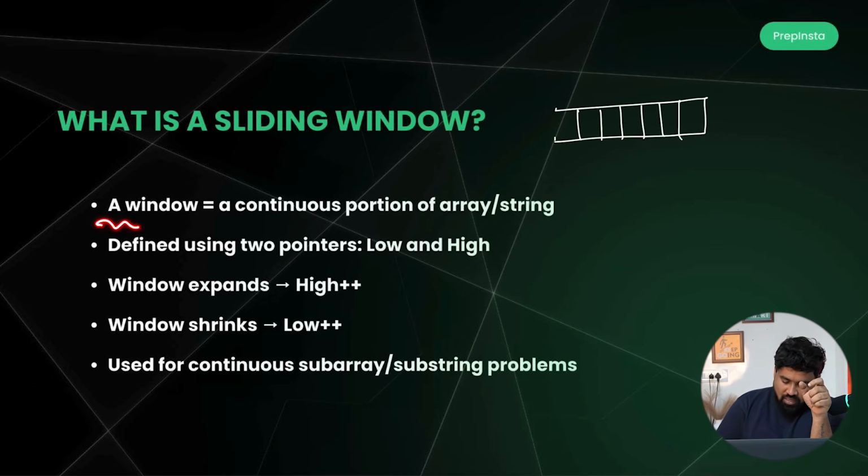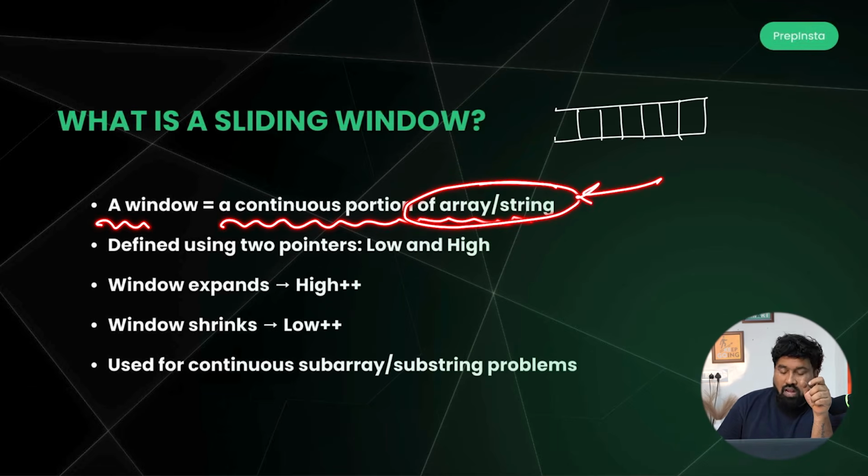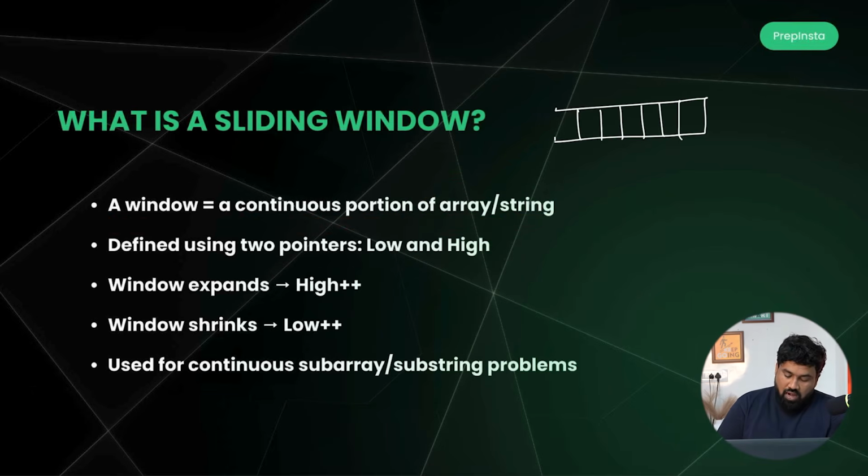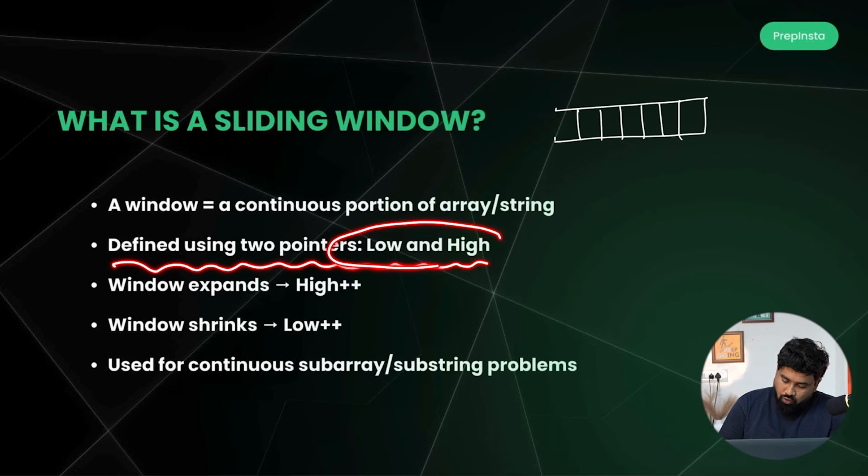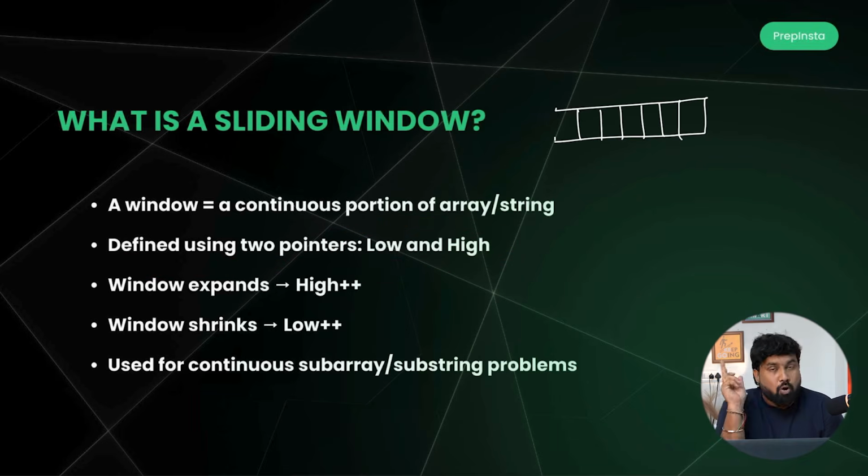It is simply a continuous portion of an array or string, mostly used on arrays and strings, and defined using two pointers, low and high. If you already know the two-pointer algorithm, then sliding window is a lot easier for you. If you're watching this video for the first time, I suggest you first watch the two-pointers algorithm, understand that, and come here, so that sliding window will also be easy for you.